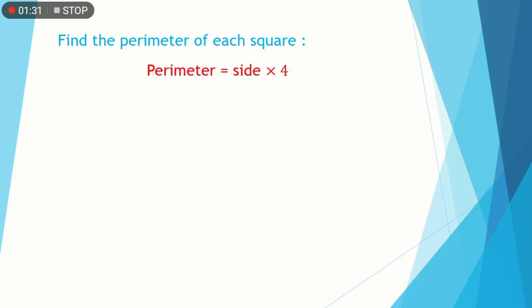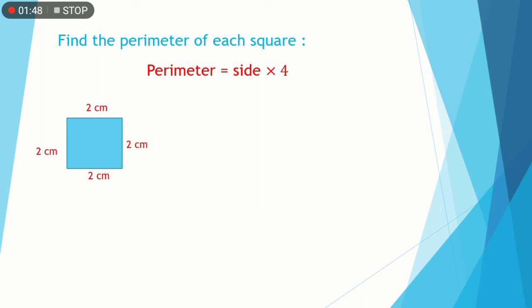The next one: find the perimeter of each square. I will put the rule now: perimeter of a square equals side times 4. The first example: I have a square, each side equals 2 centimeters. How can I get the perimeter? The rule says side times 4.